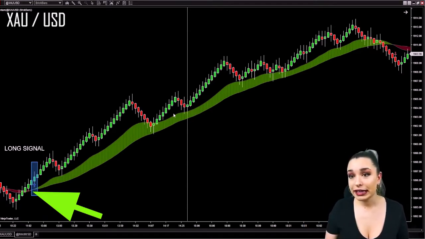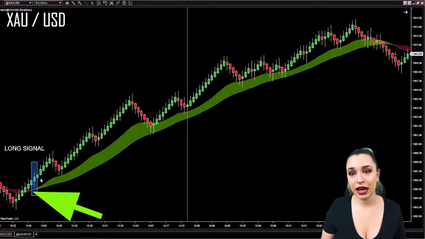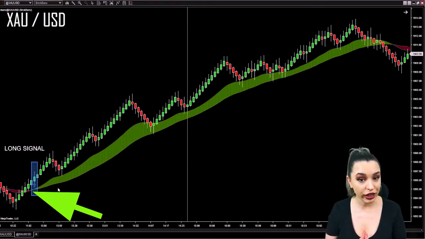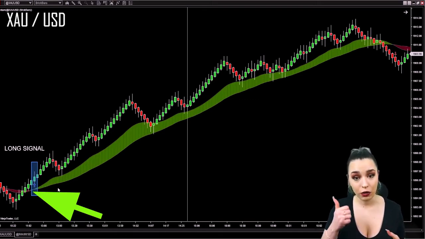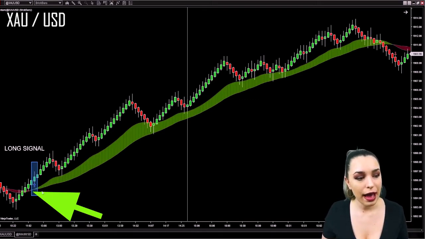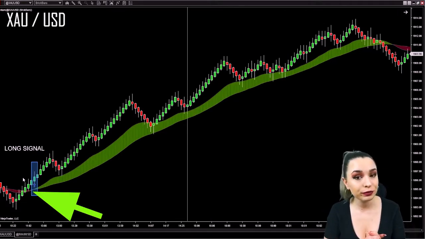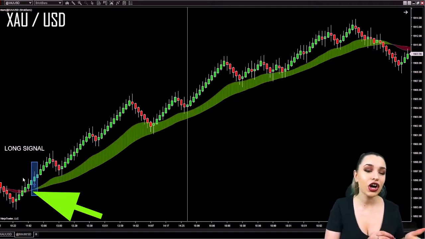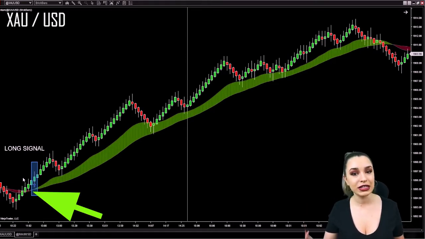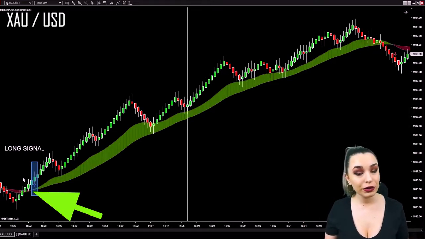The momentum trading indicator indicated, as you can see here, at just around 11 o'clock yesterday, that the market trend has changed and the gold forex trading market is going to go up. This happened at a price point of 1892 and has gone all the way up until today at just about 6:30 in the evening.